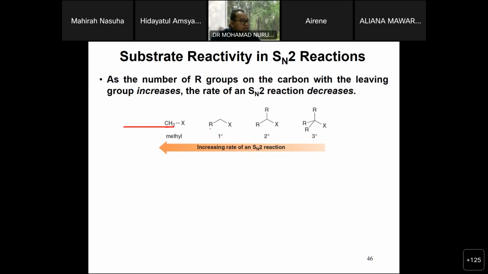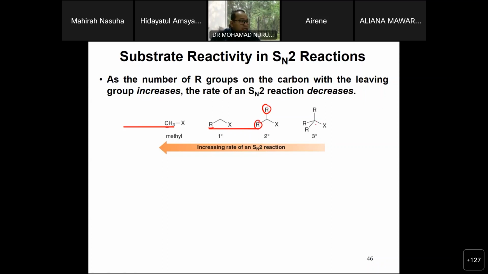Okay, the second one is the primary. Okay, the primary, this one is secondary. Okay, and the last one is the tertiary. So if we see clearly, okay, from methyl to primary, it will increase the rate of SN2 reactions.